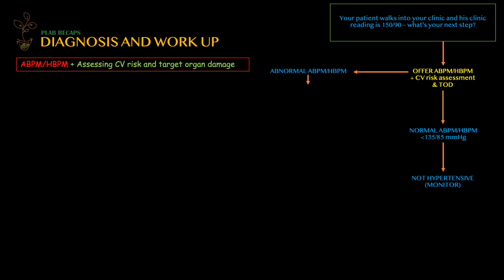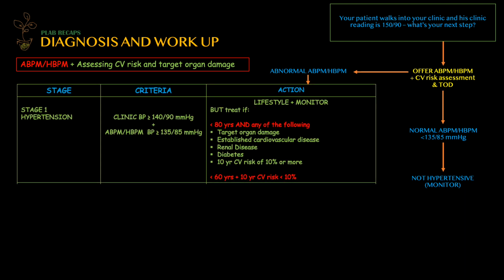If we go back to our previous table, if the blood pressure comes back to be more than or equal to 135 by 85, then they are classified to have stage 1 hypertension. Generally, patients with stage 1 hypertension require just lifestyle modification and need some monitoring.